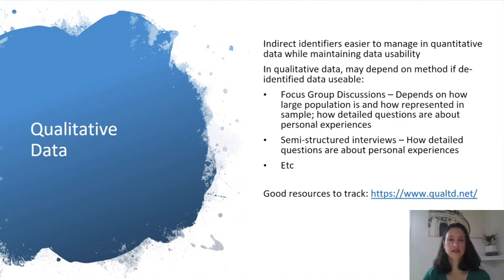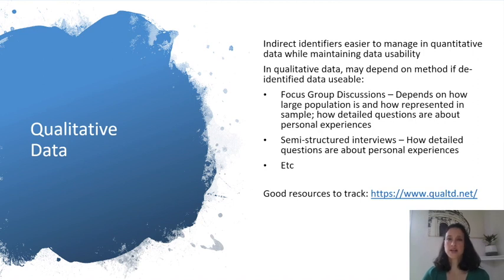Indirect identifiers are much easier to manage, or at least wrap your head around, in quantitative data. And with statistical disclosure limitation methods like data coarsening, you can implement those and still retain data usability.